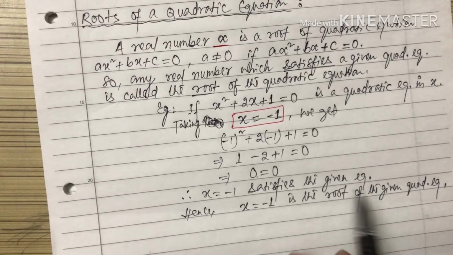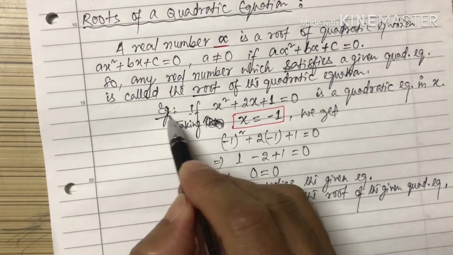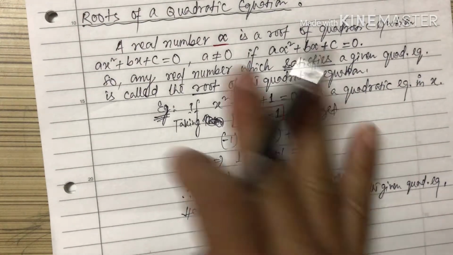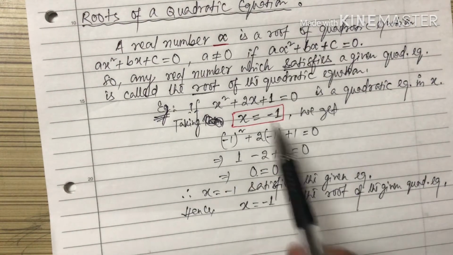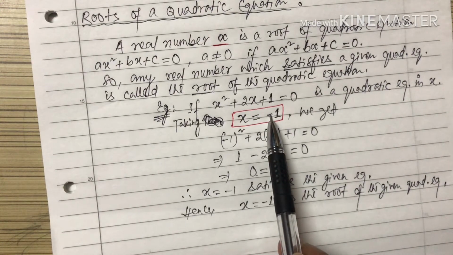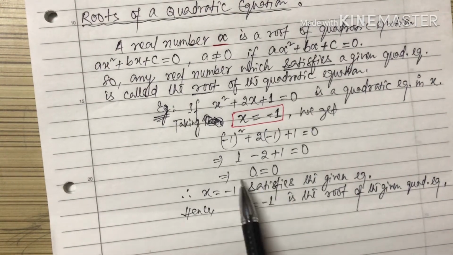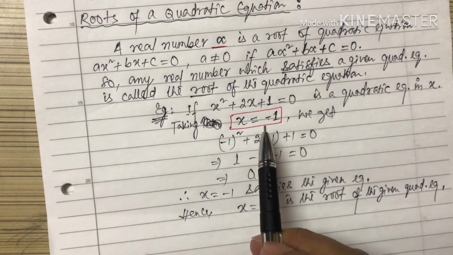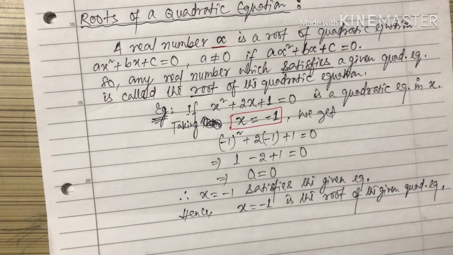Okay, so this is how we find roots of a quadratic equation. When I keep minus 1 in place of x, I got both sides equal, meaning this satisfies the equation. So minus 1 is the root, we can consider that as root.